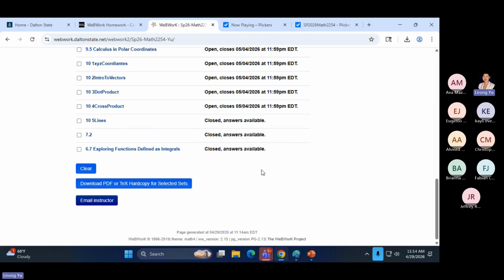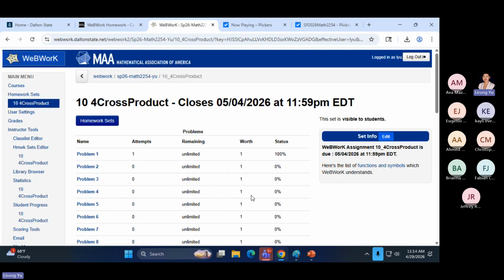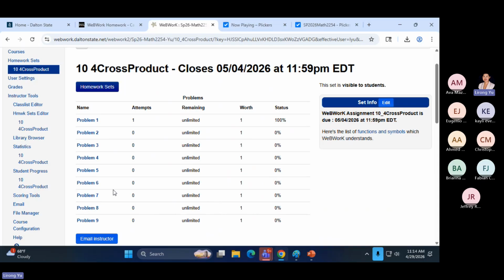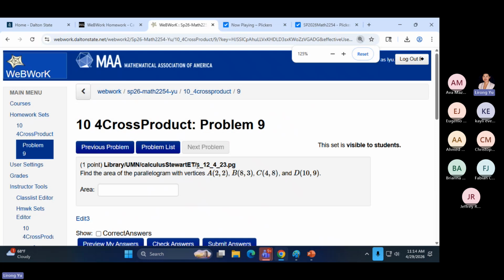The homework is already open. 10.4. Question 9 is an area calculation. And you know, area calculation for the parallelogram is to find out 2 sides. So if you were trying to finish this question, you first want to identify vector AB.